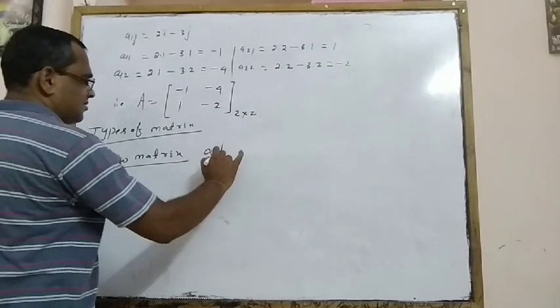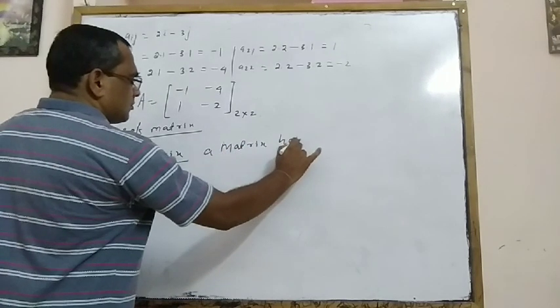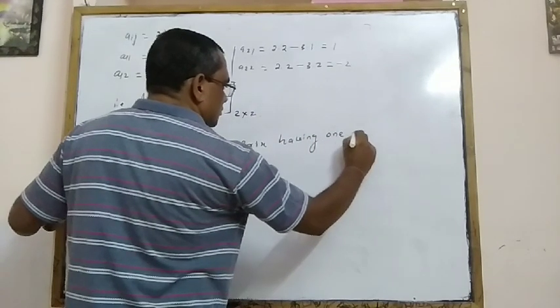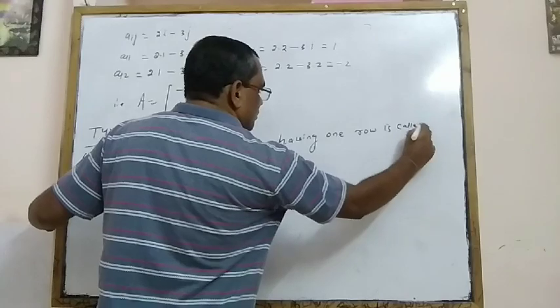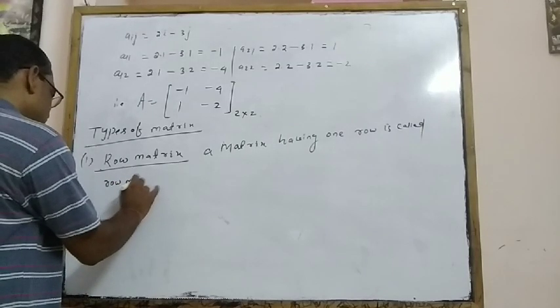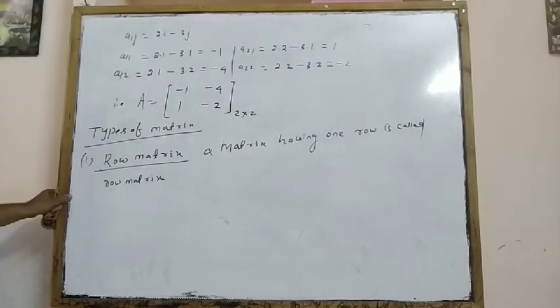A matrix having only one row is called a row matrix.